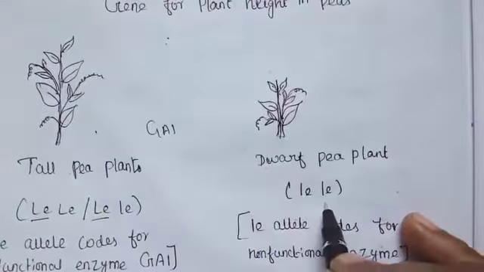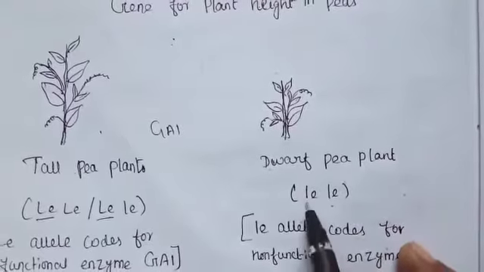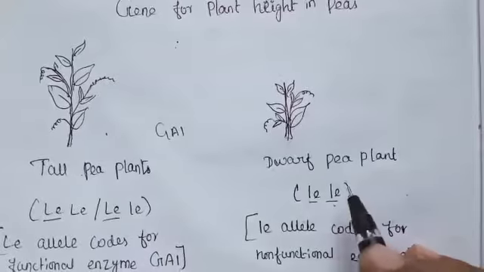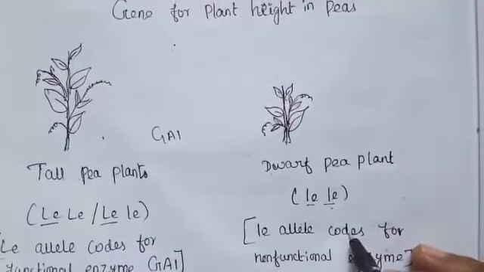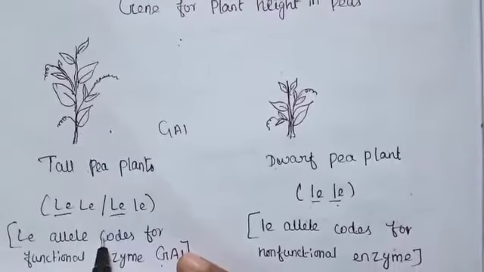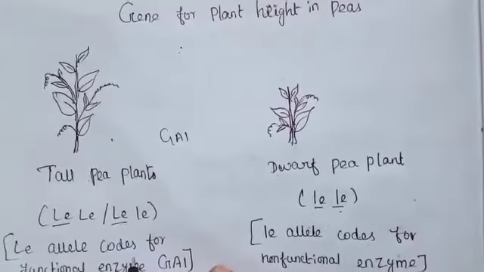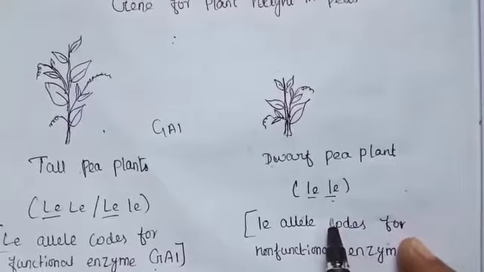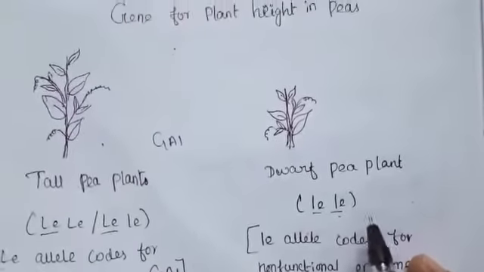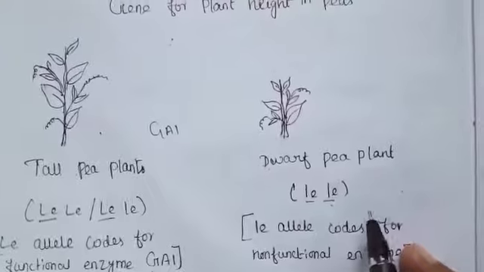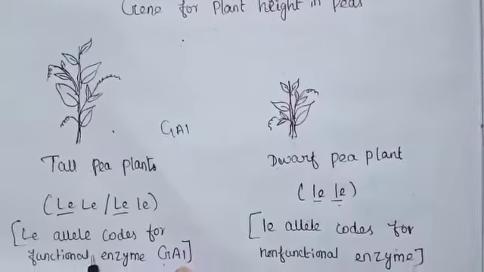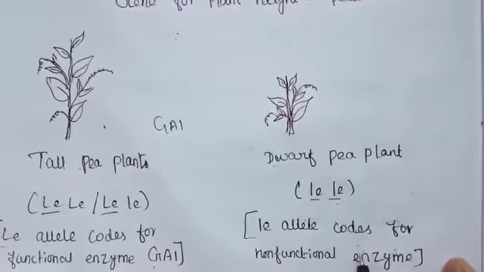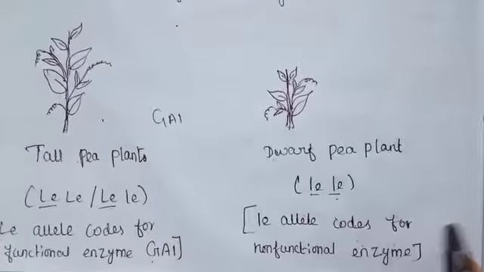Dwarf pea plants have two recessive alleles, small le, which code for a non-functional protein, hence they are dwarf. In tall plants, gibberellin precursor molecules are converted into active gibberellin GA1. In dwarf plants, the precursor is not converted, so gibberellin is not produced. The Le allele codes for a functional enzyme, GA1, and the small le allele codes for a non-functional enzyme.